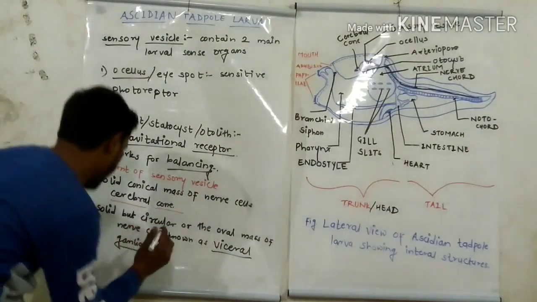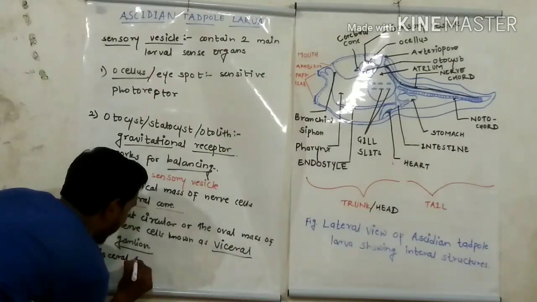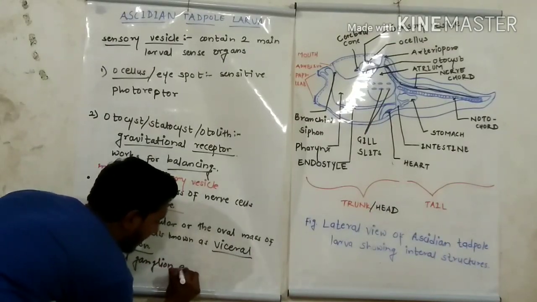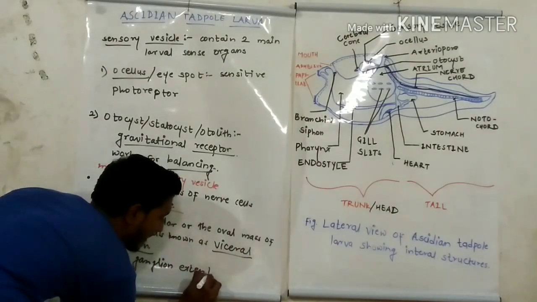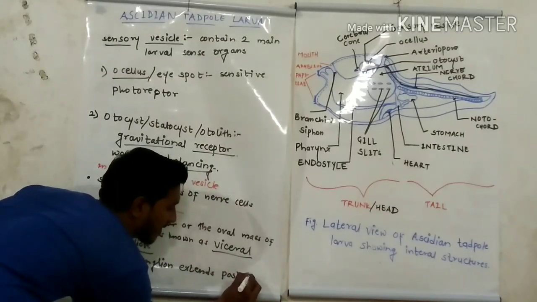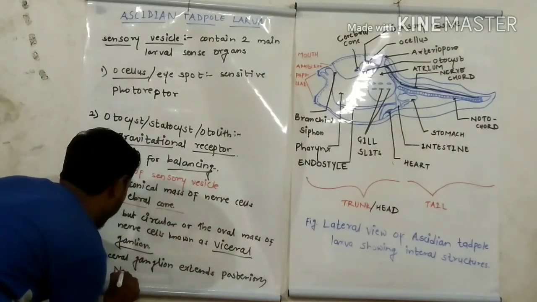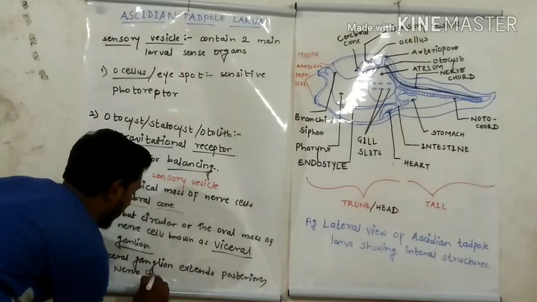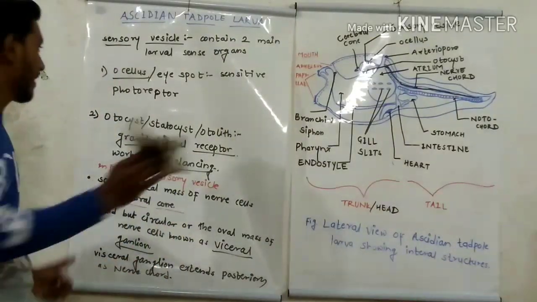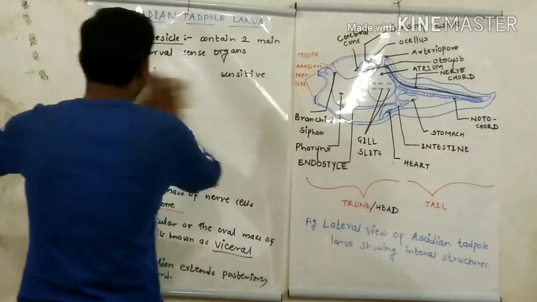Visceral ganglion extends posteriorly as nerve cord.